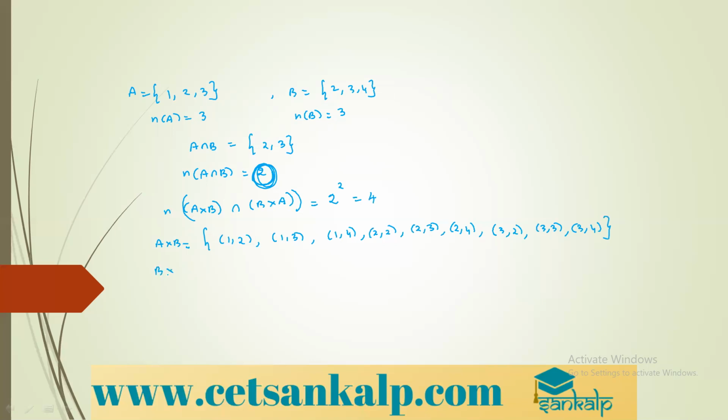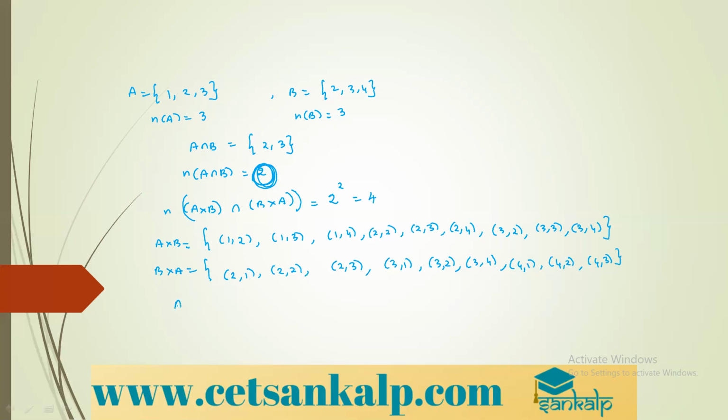Same way, we will find B cross A. What do you have in B cross A? (2,1), (2,2), (2,3), (3,1), (3,2), (3,4), then (4,1), (4,2), (4,3).